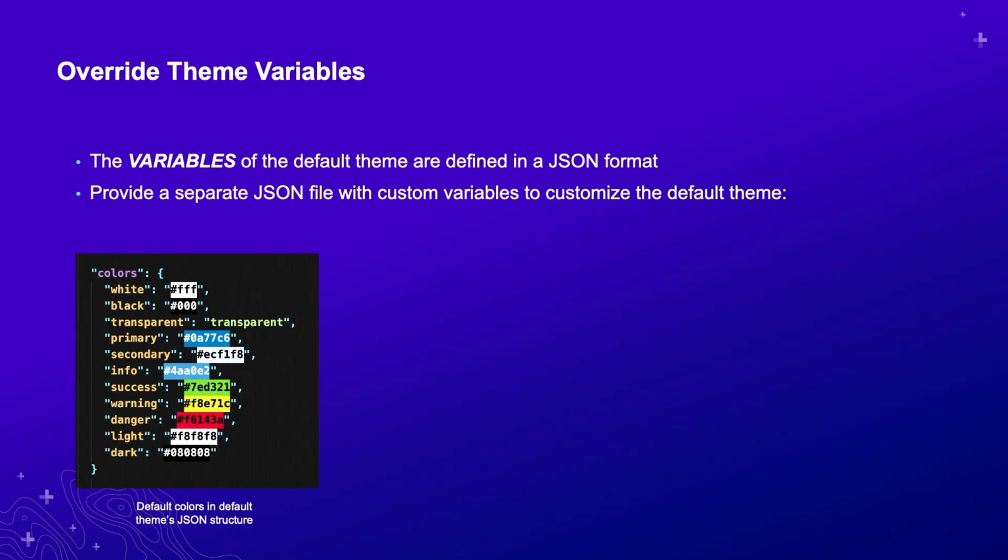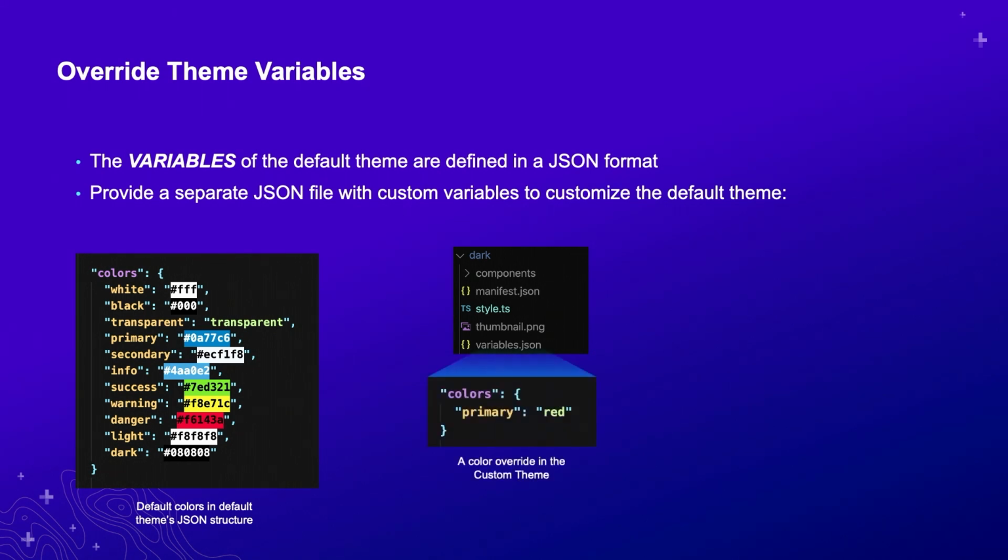In Experience Builder, there's a default theme that contains all the variables in JSON format, as shown in the screenshot here. And in a custom theme, we can add variable overrides inside the variables.json file. For example, we can change the primary color from blue to red over here.